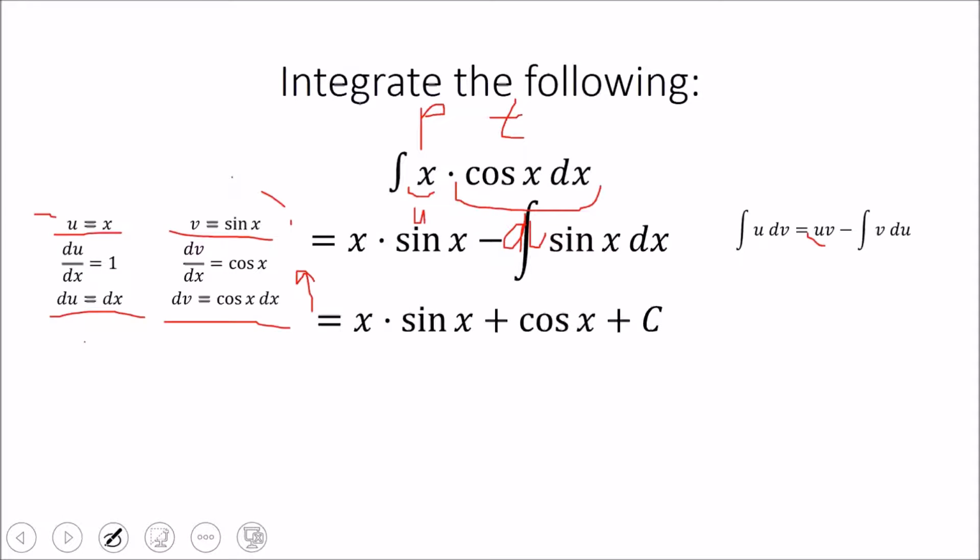And now we can just integrate this, which is pretty simple, just negative cosine of x, but then there's a negative sign in front of all of that, so we make it positive cosine of x plus C. And now that's basically all. Don't ever forget the constant of integration, of course, plus C. And so we're done. That wasn't too bad, was it?